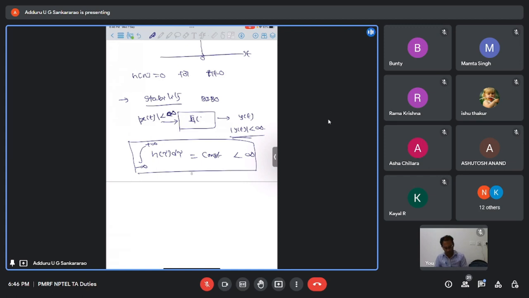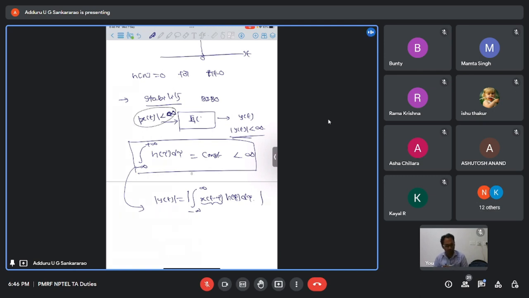Okay, how to derive this? We can take the convolution. Now we take the modulus. What we are taking is some bounded input we are giving.